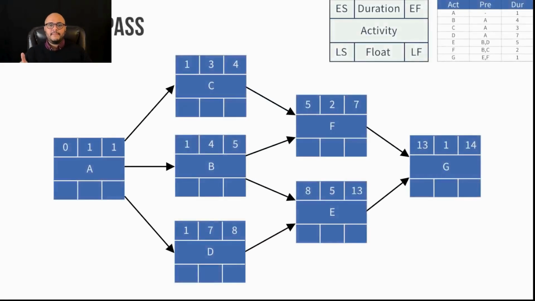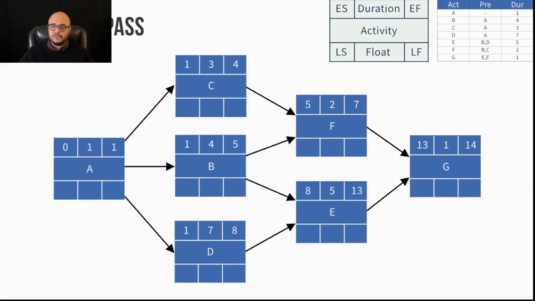Once I've done that, I can do my forward pass. So now pay attention here. My forward pass uses the formula early finish is equal to early start plus duration. Okay, so I start with task A. Task A is the first task of my project, which means that its early start, which sits at the top left corner, is 0.